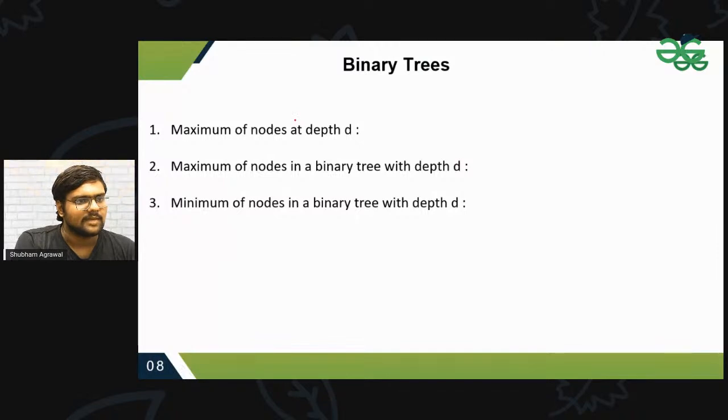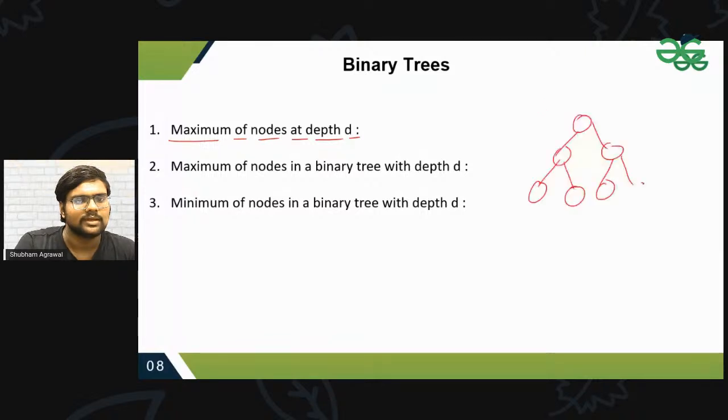Now let's see the maximum number of nodes at depth d. Suppose that we have a binary tree here. The depth of the tree is 0, 1, 2, so the depth is 2. The maximum number of nodes at depth d in a binary tree is 2 to the power d. Why is it 2 to the power d?